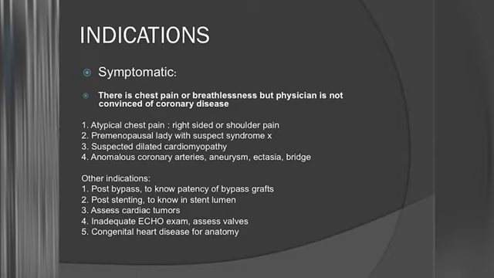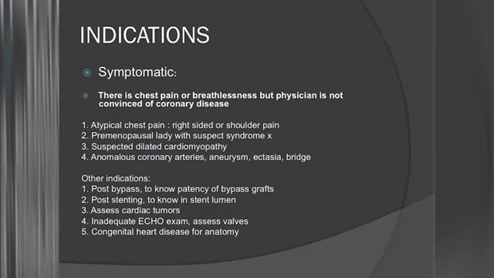Indications. The indications are something which are always labile and actually in flux. I'll come down to why I say that. This group here is a definite, proven, or recommended acceptable group: the symptomatic group. If a patient has chest pain or breathlessness, but a physician is not convinced of coronary artery disease, so there's atypicality to the presentation. Something is not matching.